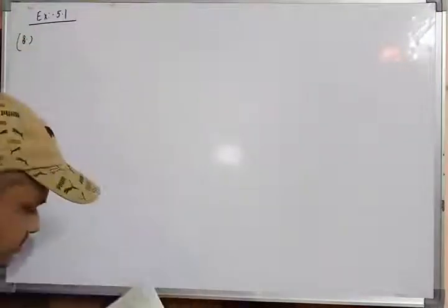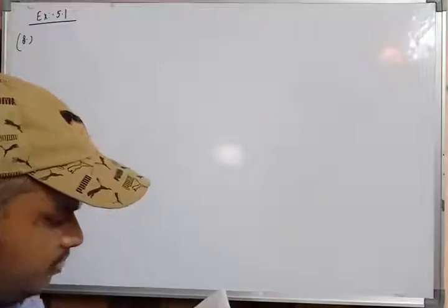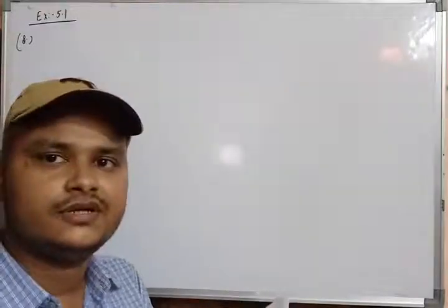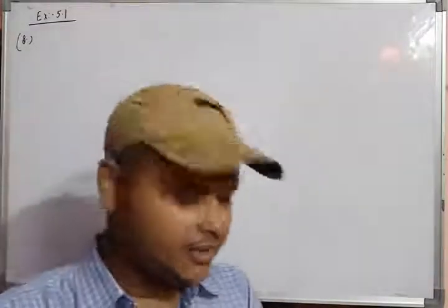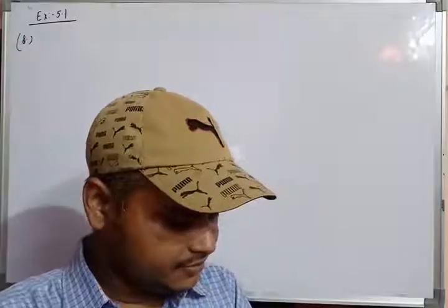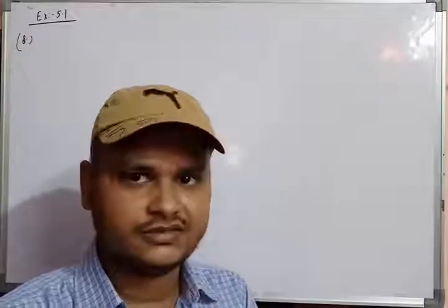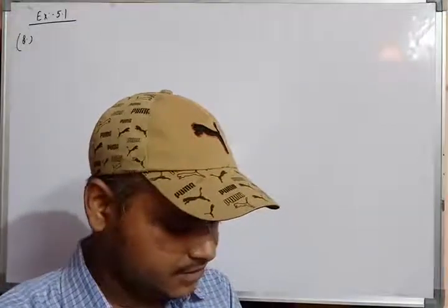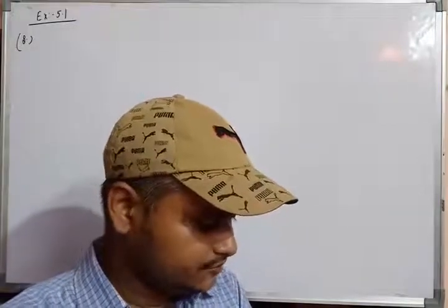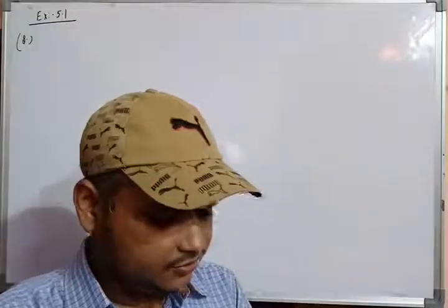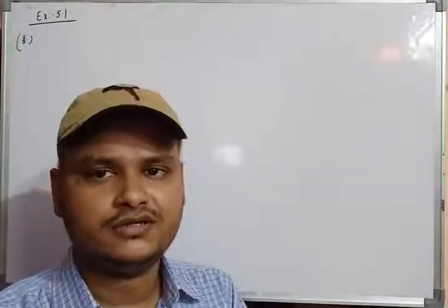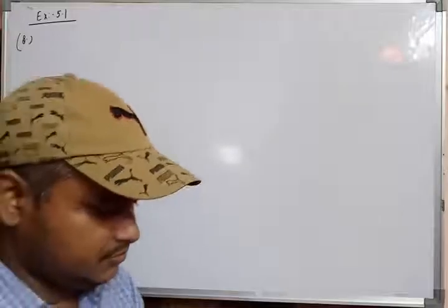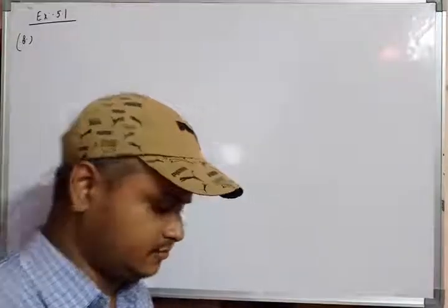Question number 8. I am reading the question. In a class of 50 students, 15 students failed in mathematics. Find the fraction of students who failed in mathematics and the fraction who passed in mathematics. So students, first of all you have to find the number of passed students in mathematics.